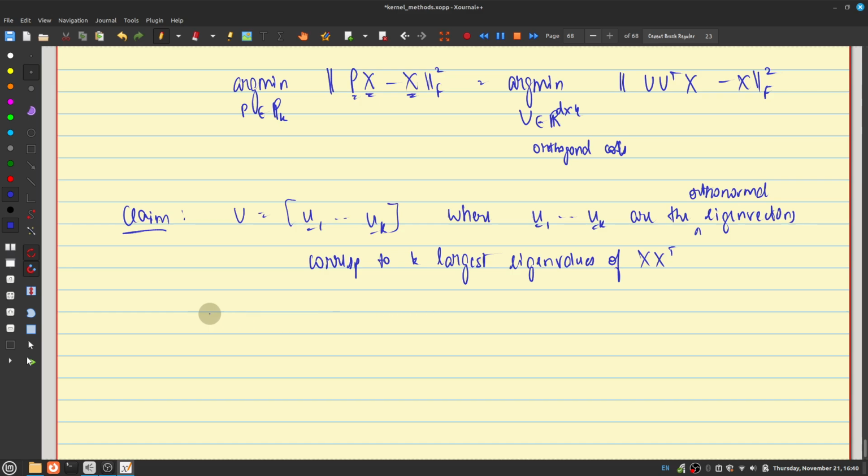Correct. So you just take the Frobenius norm squared of U transpose X minus X. This is just the trace of the transpose of this matrix times the matrix itself.